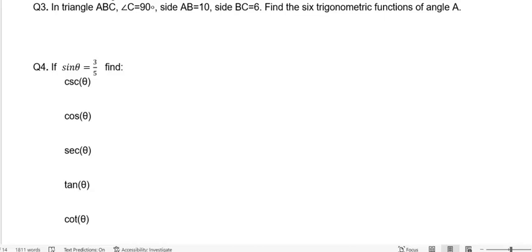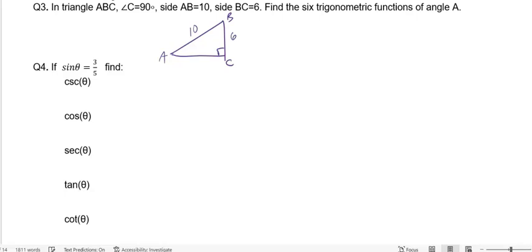Try these ones. Go ahead and pause the video, see if you can figure number 3 out. This one is given to you a little bit differently. A, B, C. So I'll draw the same picture. And then this is C. So it's got to be A, B, C. Which means, because the right angle is C, that means the hypotenuse has to be 10.